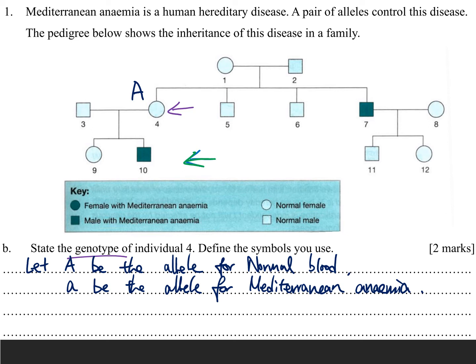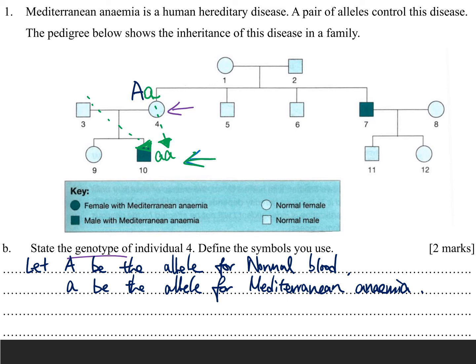Therefore, number 10 must have both recessive small a alleles to show the anemia. And now think, the two small a alleles of individual 10, one must come from 3, and the other one comes from 4. Therefore, the remaining allele of individual 4 must be a small letter a recessive Mediterranean anemia allele.